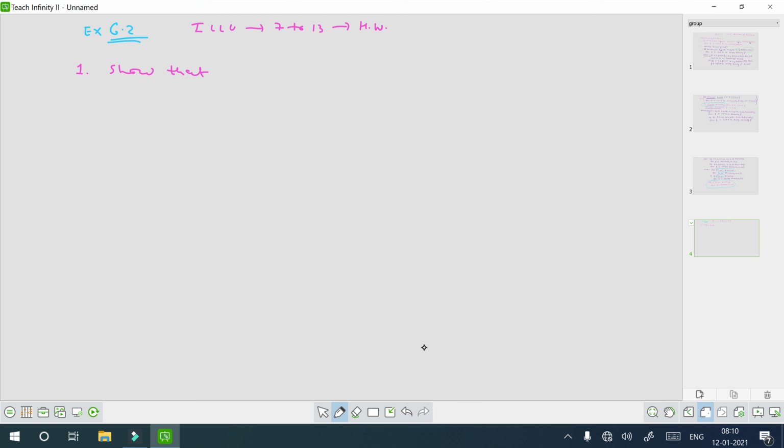Prove that the function given by f of x is equal to 3x plus 70 is strictly increasing on R. That we want to see. Recall that note, if first derivative is greater than 0, then it is strictly increasing.